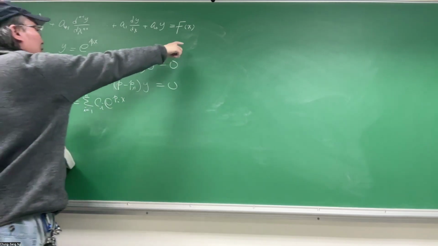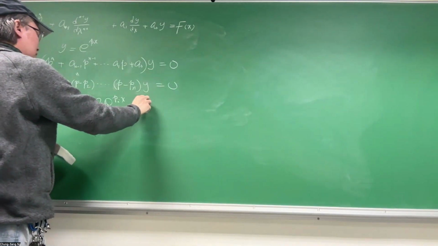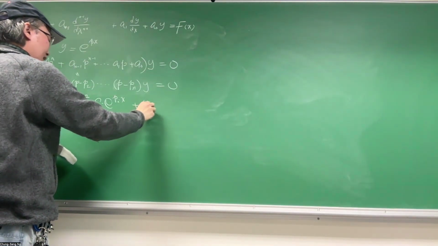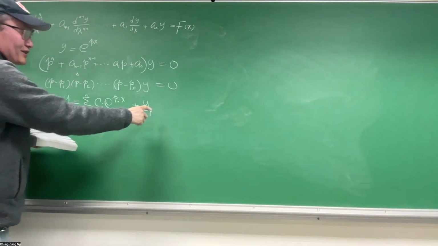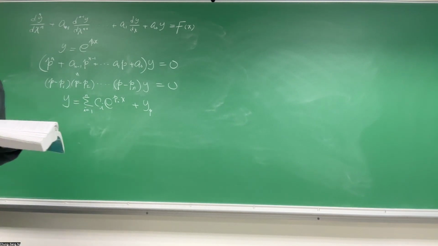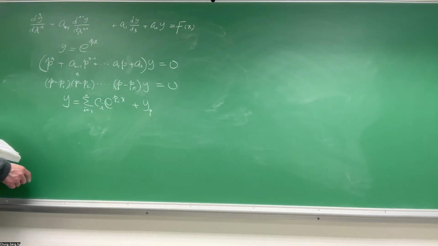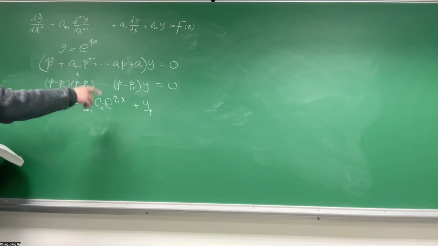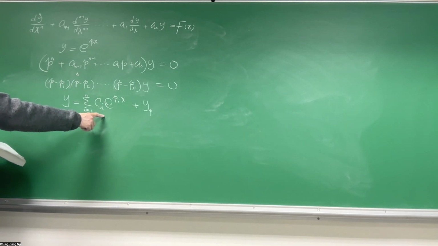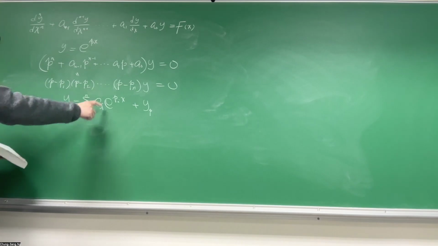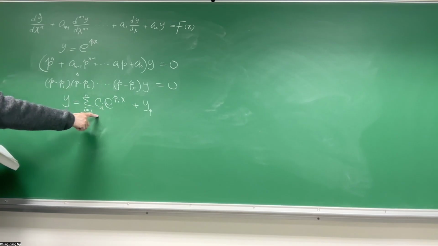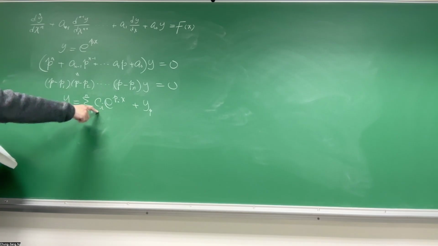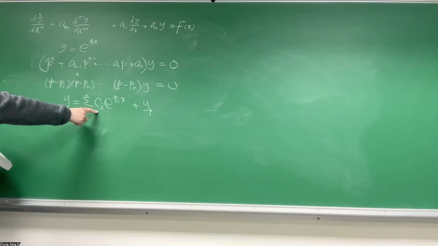If you have the inhomogeneous part, you need to find a particular solution. Unfortunately, I've used the same p, but this is not that p; this is just the usual label for a particular solution. For a linear equation, usually it's like that. You find the general solution for the homogeneous equation, which usually depends on arbitrary coefficients that need to be determined by initial or boundary conditions. All these c sub i, there are n of them, because that's the order of the equation.